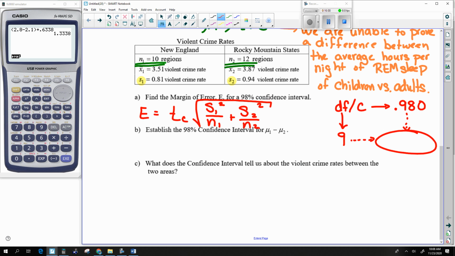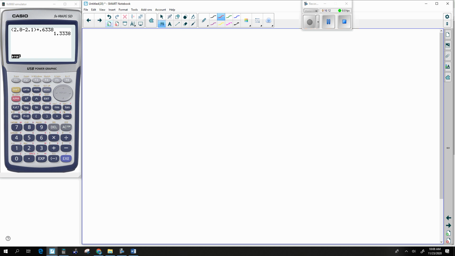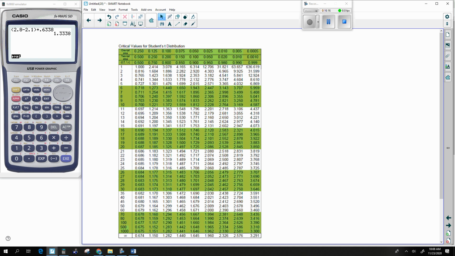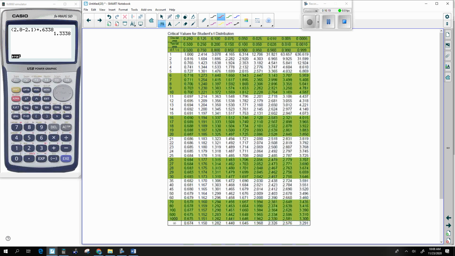Now we go ahead and use the t-table to find this TC, and then we'll be set up for this equation. So the t-table, degree of freedom of 9 and a confidence of 98%, gives us a TC of 2.821.